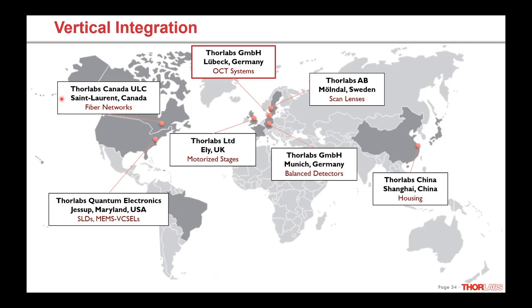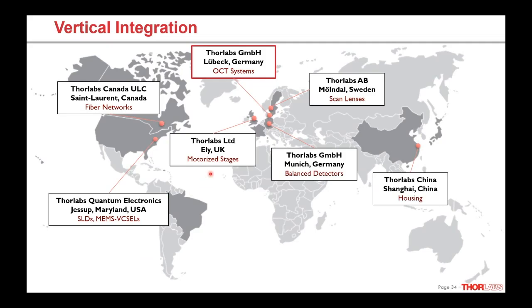We have a group in Canada that makes fiber networks for OCT. We have Thorlabs Quantum Electronics in Maryland in the US, and they make superluminescent diodes for spectral domain OCT and MEMS VCSEL lasers for swept source OCT.